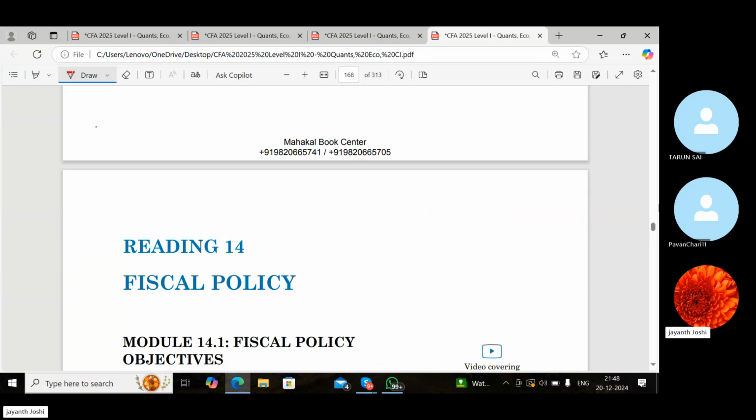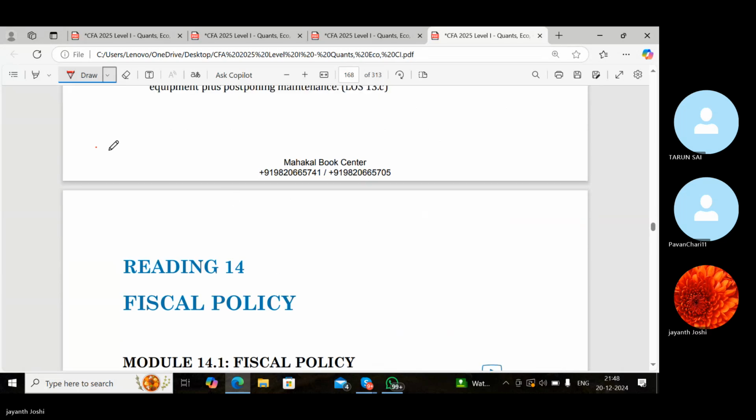So what happens is, if you add up the total impact, this process we have done will continue indefinitely with each round adding less to GDP, because disposable income is decreasing with the increase in taxes. So the total impact is the sum of all these, and it will become almost 100 only.